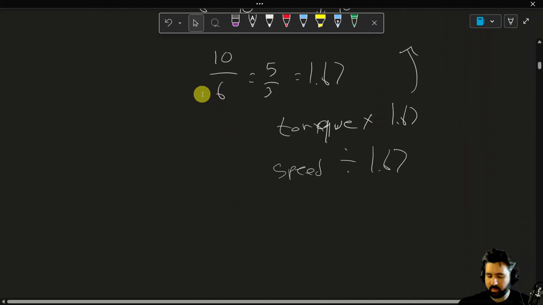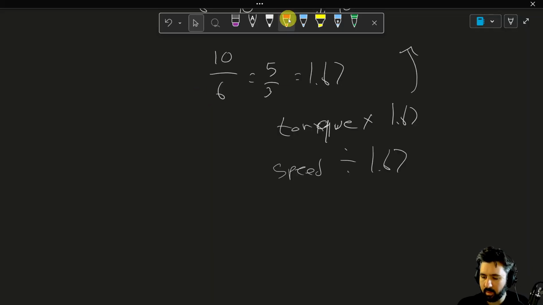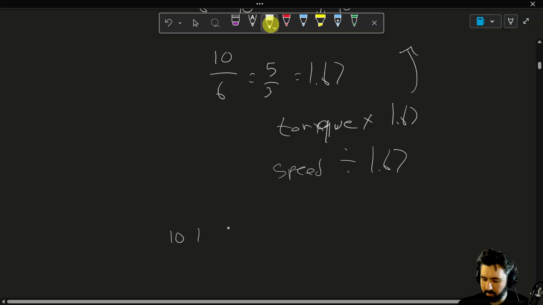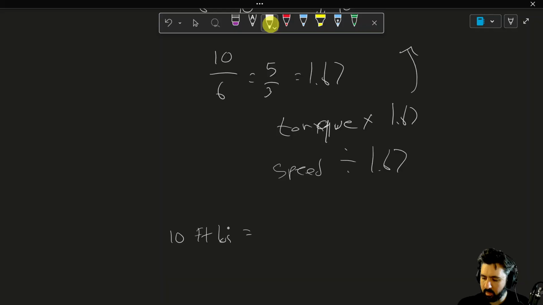So for example, if I had a torque of 10 foot-pounds, the new torque would then be 16.7 because we'd multiply by the 1.67.